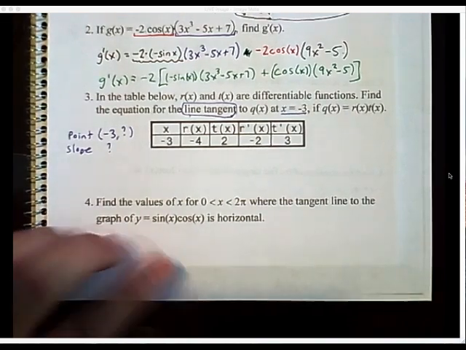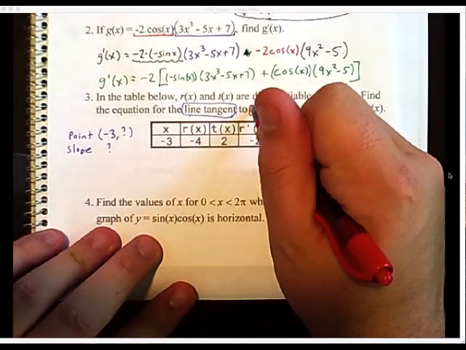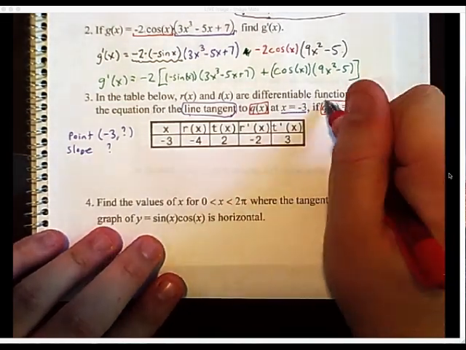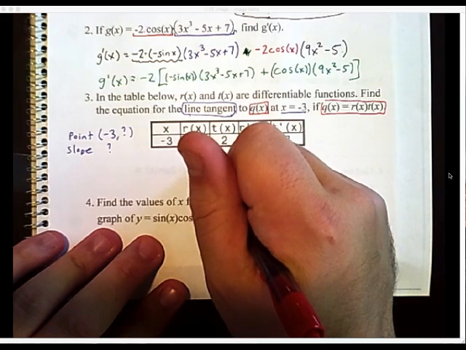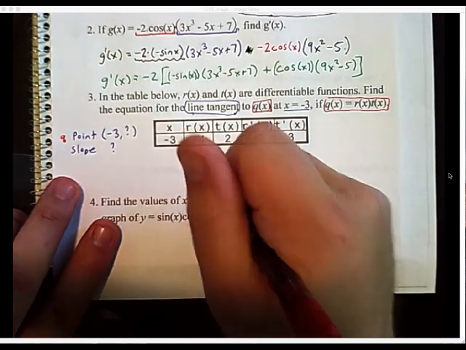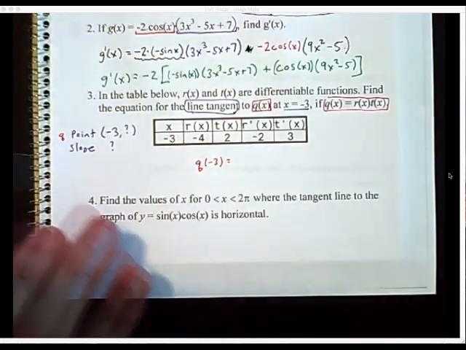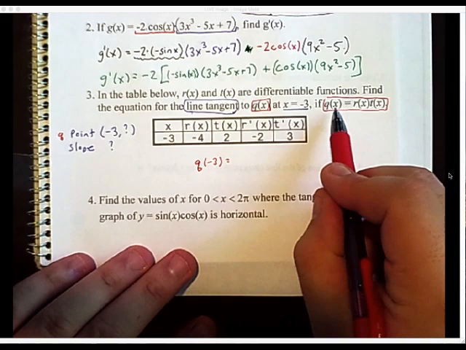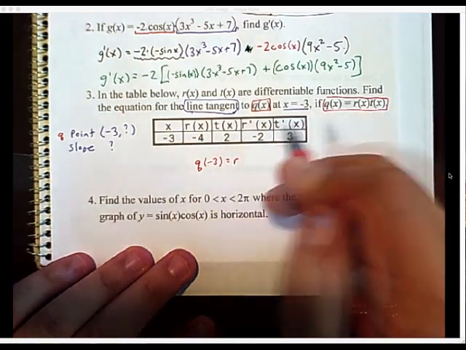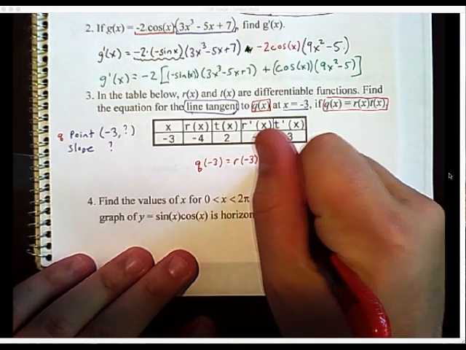So how am I going to find the y value? I'm trying to find the tangent to q of x. Well, it tells me an equation for the q of x function. So to find the point on the function q, I would need to take q of -3. What does the function tell me to do? q of x equals r of x times t of x. So I would have to find r of -3 times t of -3.